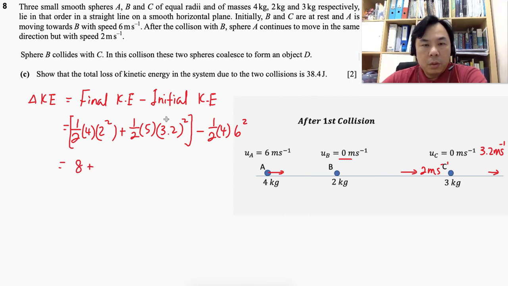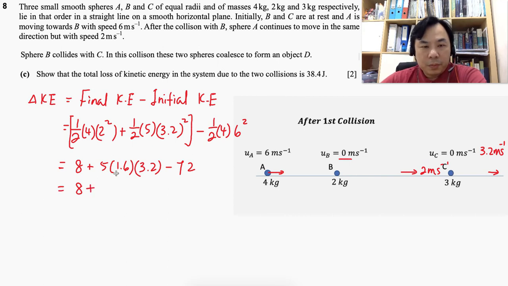Okay, so this one here we have 5 by 1.6 by 3.2 here, and then subtract off with this is 2, this is 36, 72 here. Okay, and then I'm going to do this slowly.